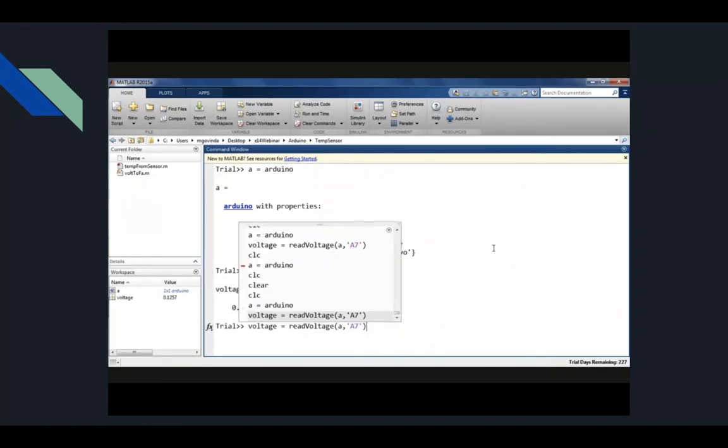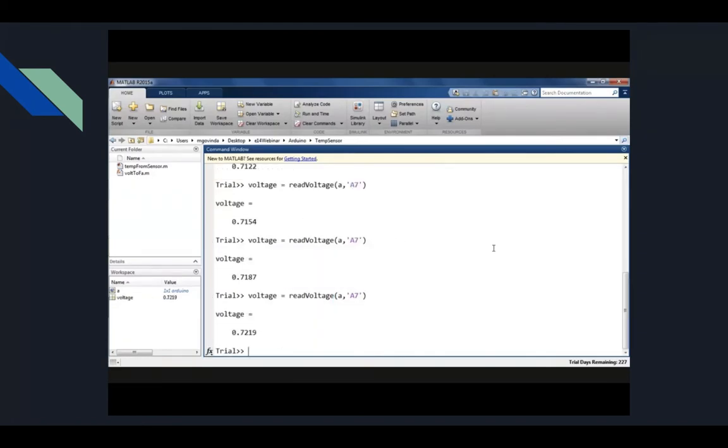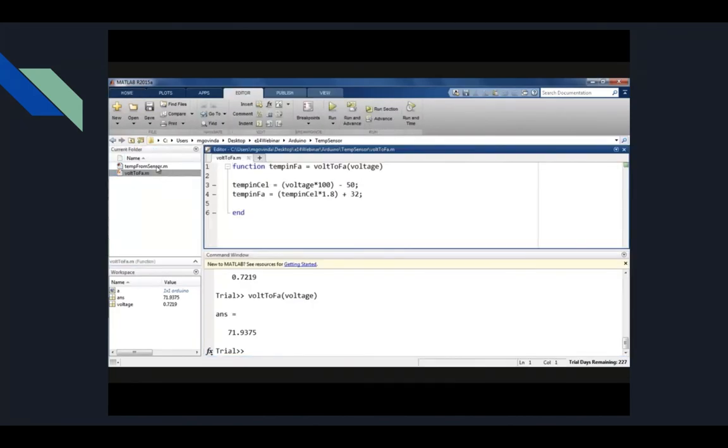Here are several readings from the read voltage function. Then the volt to F function is used. To convert voltage to Fahrenheit, this function contains two formulas. We can see these formulas from here.